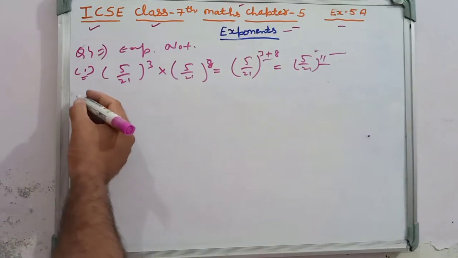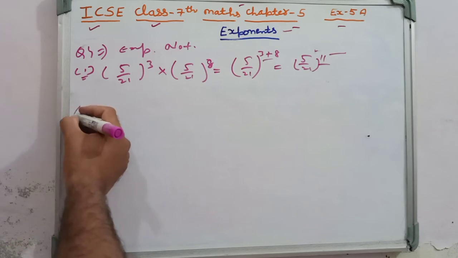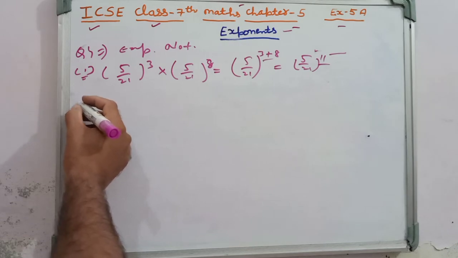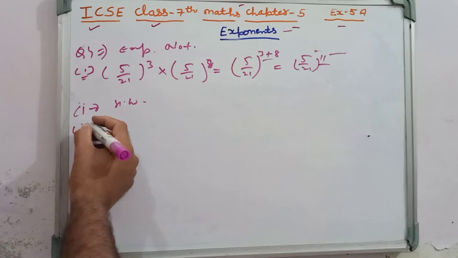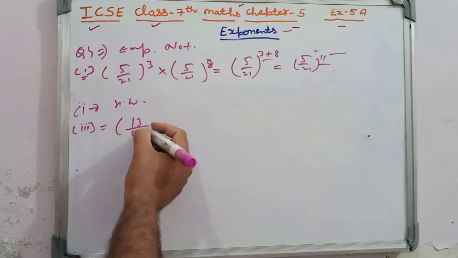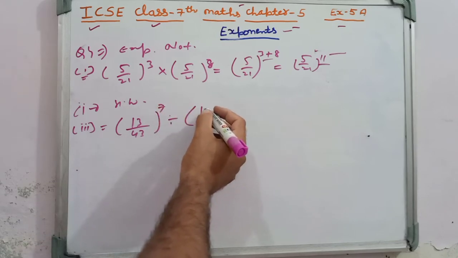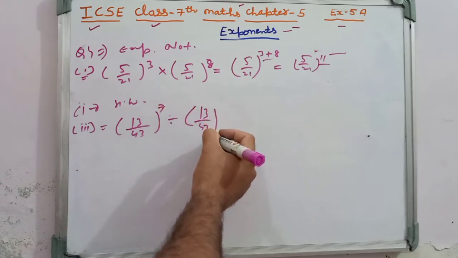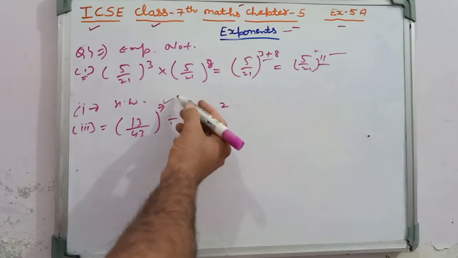Now part second, you will do yourself. Part second is your homework. Third is 13 upon 43 raised to power 7 divided by 13 upon 43 raised to power 2. Now see, this is m, this is n.